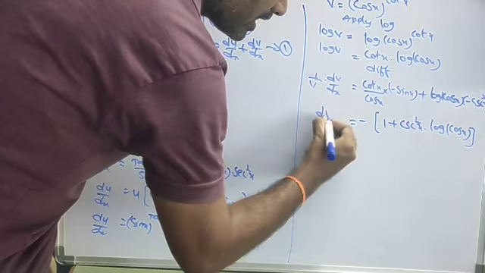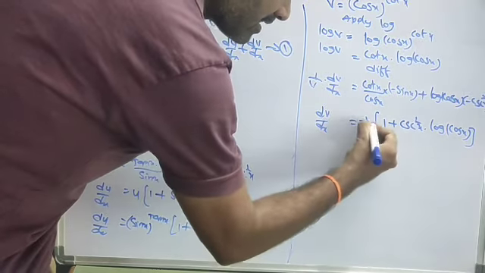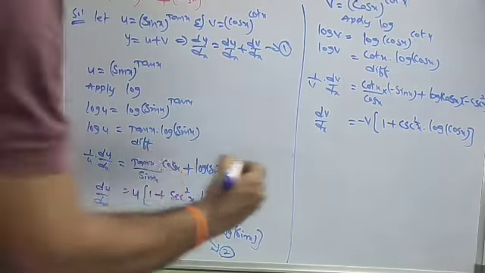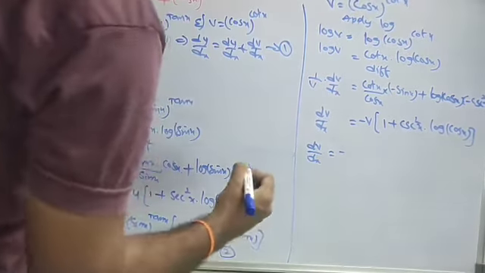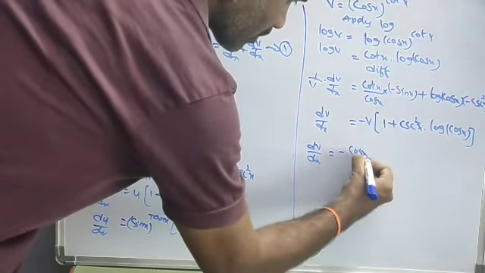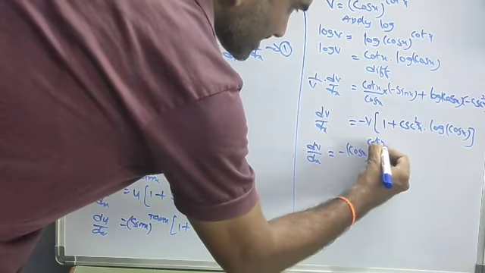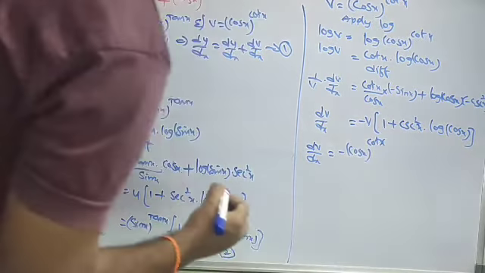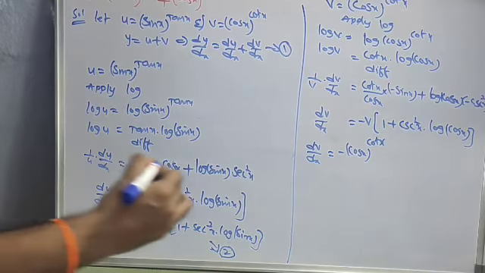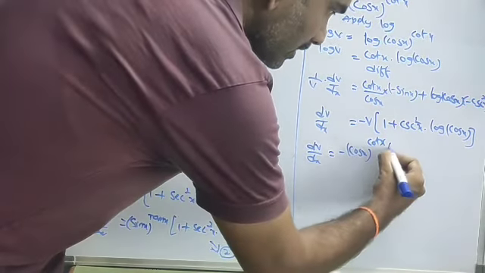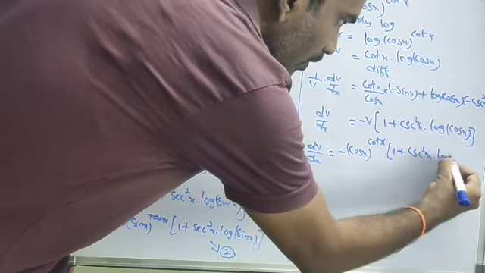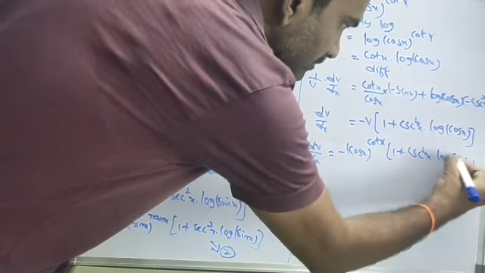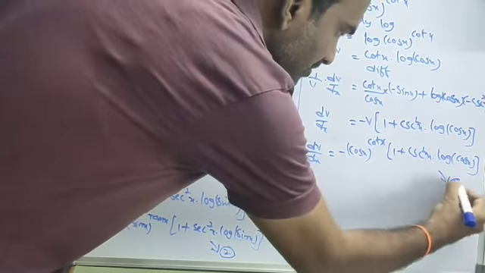Taking v to this side, dv by dx equals minus cos x to the power of cot x into 1 plus cosecant square x into log of cos x. This is equation 3.